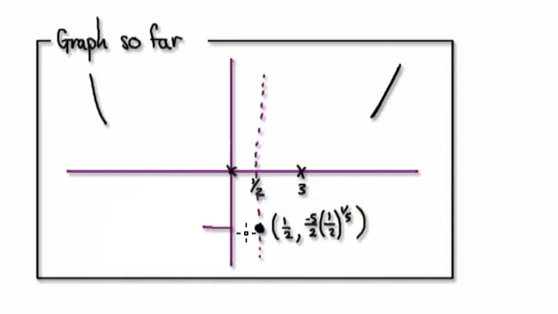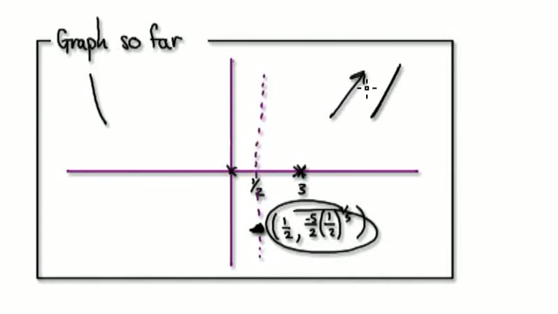We know that it crosses 3 here, and we know that the gradient will be 0 here. So the graph will look something like this. The point will be here, it crosses at 3, and it's going to head towards infinity.